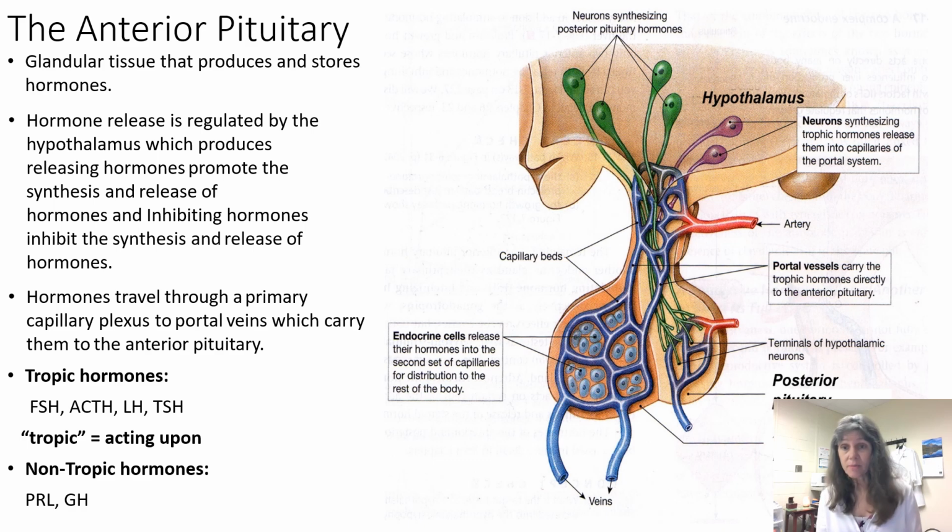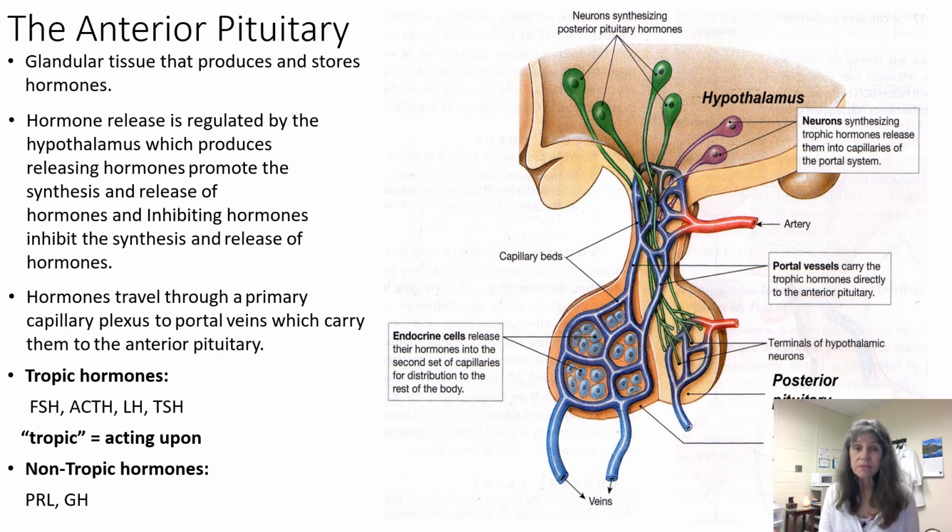You'll also notice in the hypothalamus there are neurons that appear to be more purple in color, and the axons of those neurons don't go to the anterior pituitary because instead those neurons produce either releasing or inhibiting hormones that are going to be secreted into capillary beds where they are picked up by special portal vessels that go to the anterior pituitary or adenohypophysis.